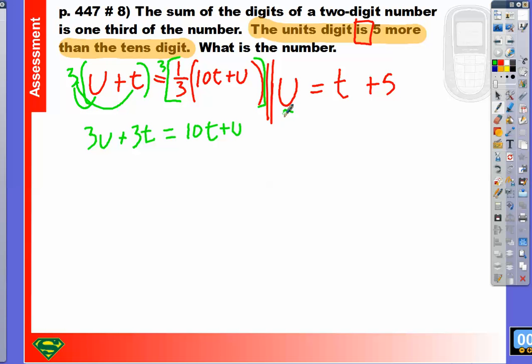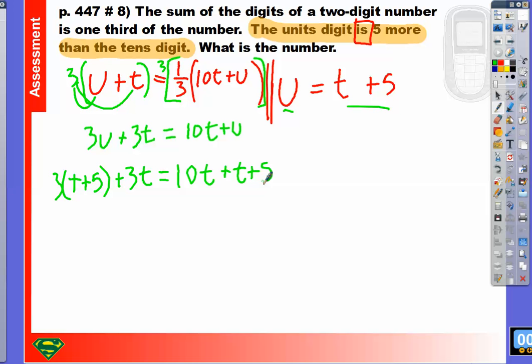T plus 5. So I have 3u plus 3t is equal to, oh, but wait a second, we said we're going to make the u t plus 5. So instead of u, we have t plus 5 is equal to 10t plus t plus 5.